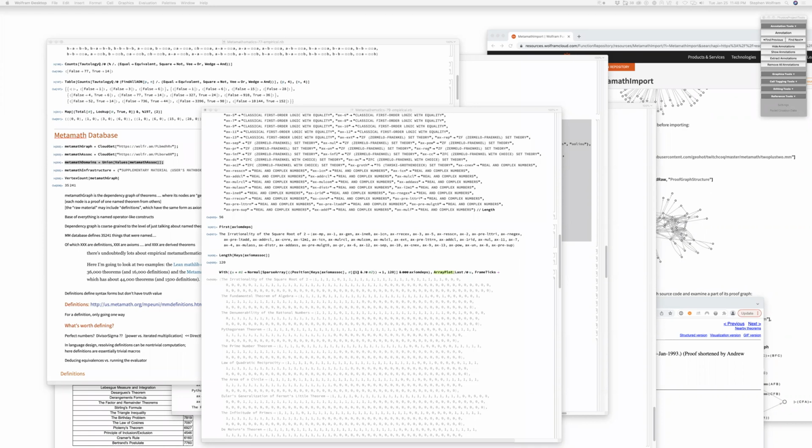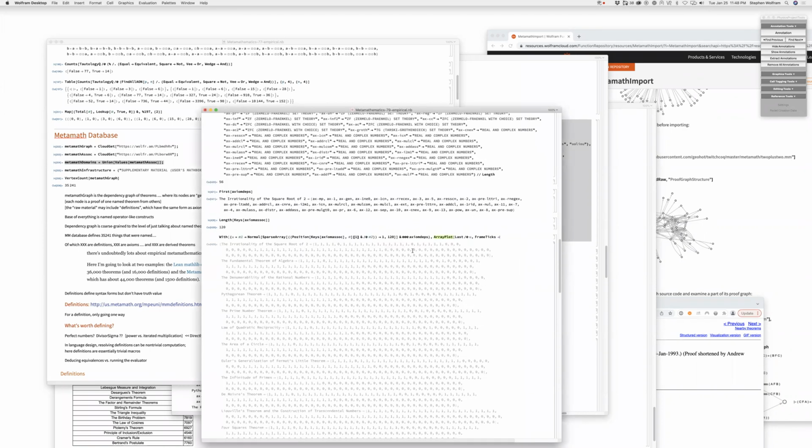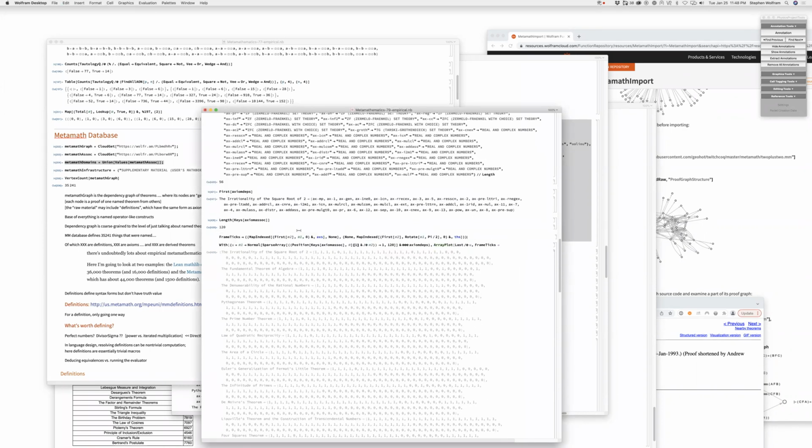Let me just copy this. This was my frame tick specification. I will care about that actually. That will be the list of axiom names, which we might as well put in there.